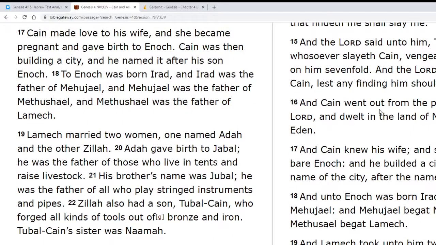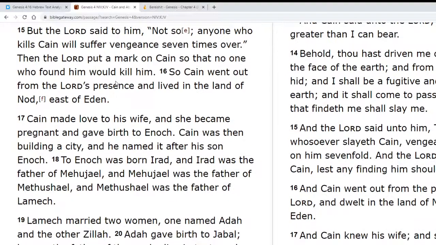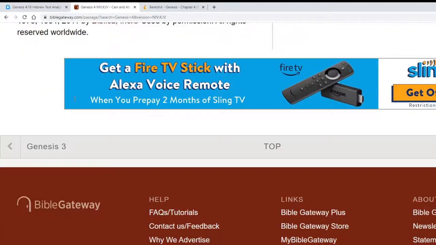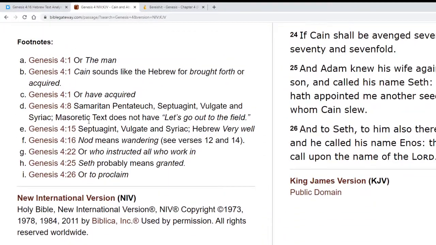And Cain went out from the presence of the Lord and dwelt in the land of Nod on the east of Eden. And verse 16 in the NIV. So Cain went out from the Lord's presence and lived in the land of Nod, east of Eden. The note here, F, Nod means wandering. See verses 12 and 14. Right.